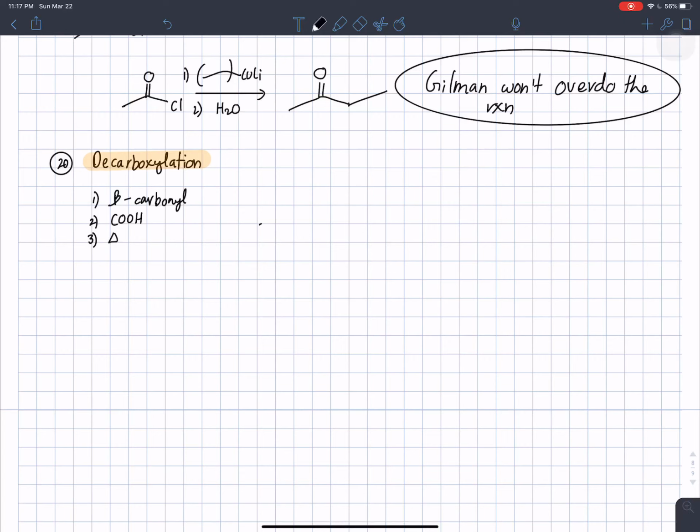So imagine I have this carboxylic acid, and this is considered the alpha spot and this is considered the beta spot. If at the beta spot you have a carbonyl, which in this case you do, and this reaction happens in heat, well, then you're going to decarboxylate.